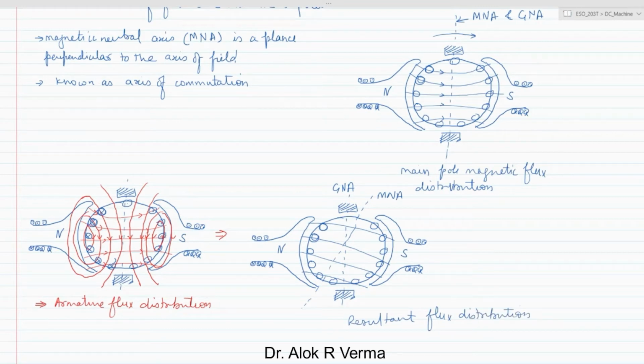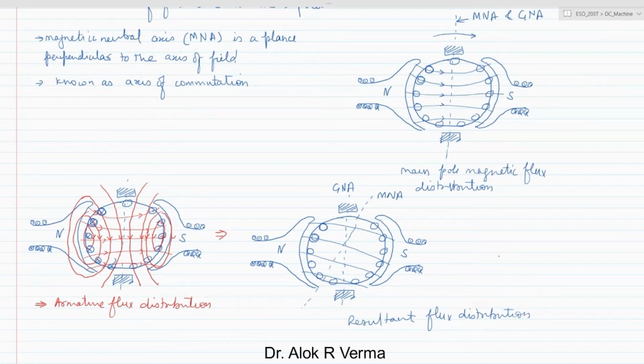This is the armature reaction. So you can see that when there is a current in the field windings and the current in the armature conductor, the resultant field will get some inclination. The phi r is the resultant.